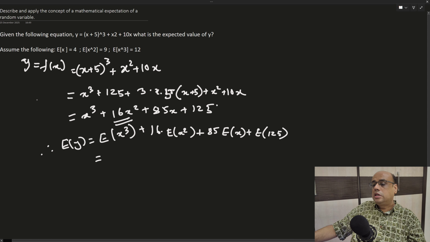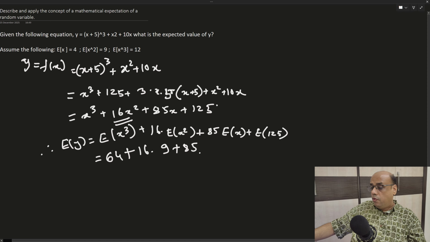Expectation of x is 4, so 4 cube is 64, plus 16 into expectation of x square, which is 9, plus 85 into expectation of x, which is 4, plus expectation of a constant, we know, is the constant itself, 125. So you do the math and you get the answer.